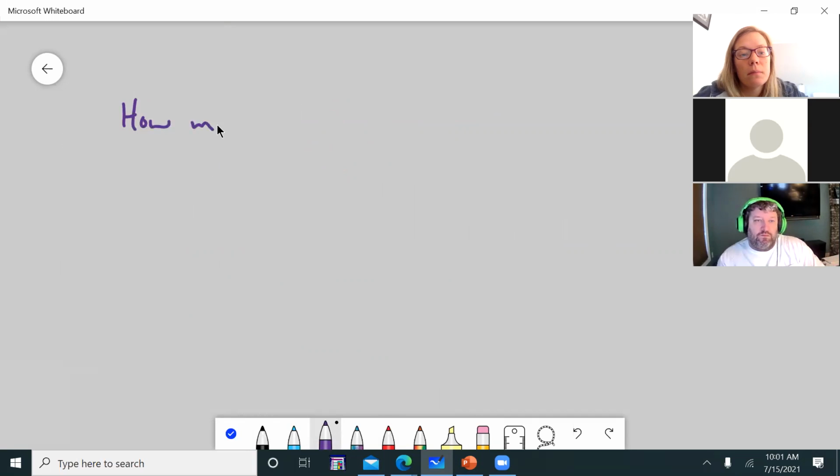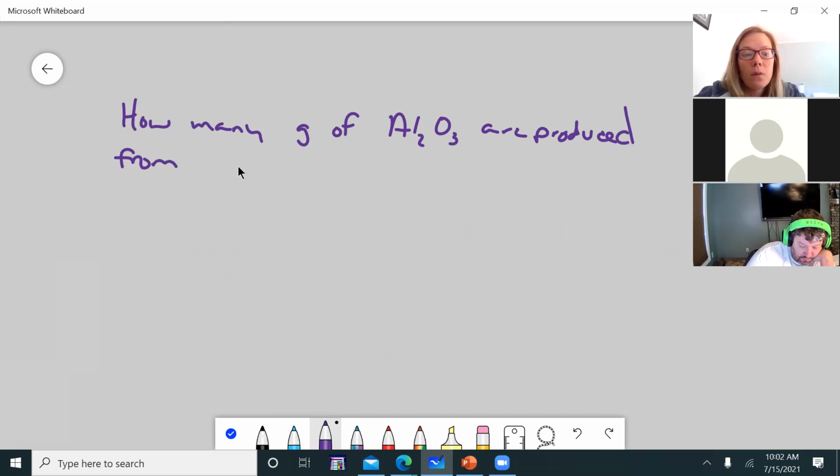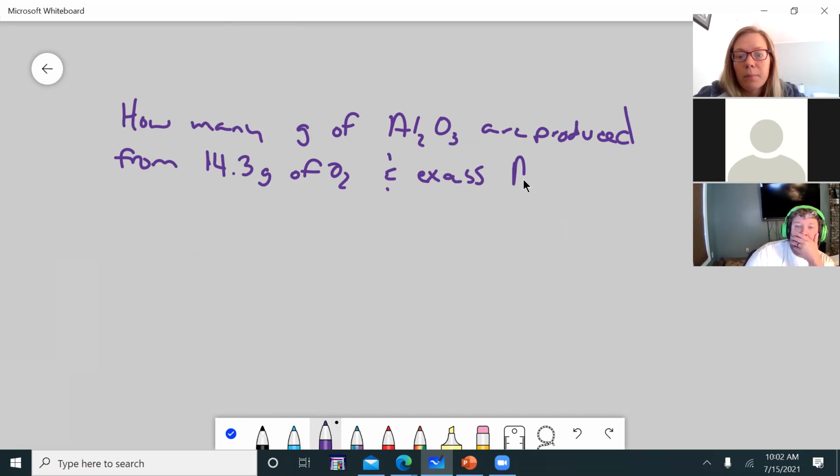How many grams of Al2O3 are produced from 14.3 grams of O2 and excess aluminum.